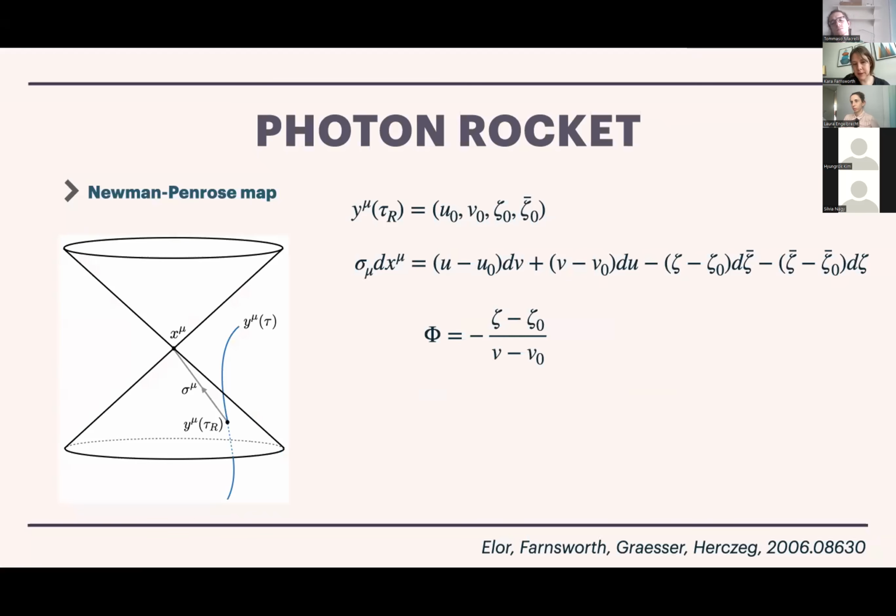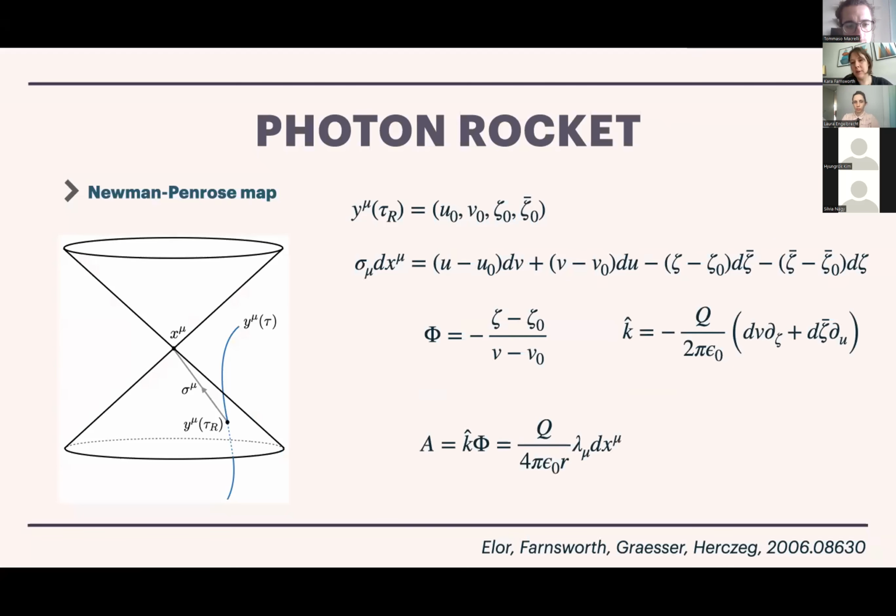And so my phi is just this, zeta minus zeta naught over V minus V naught. Acting on that with the K hat operator gives me exactly the Liénard-Wiechert potential immediately. So in this particular case, it seems like the Newman-Penrose map has a more straightforward interpretation of the double copy.